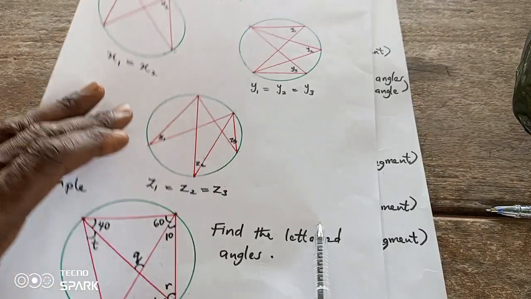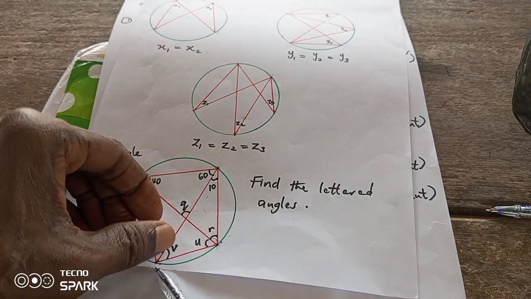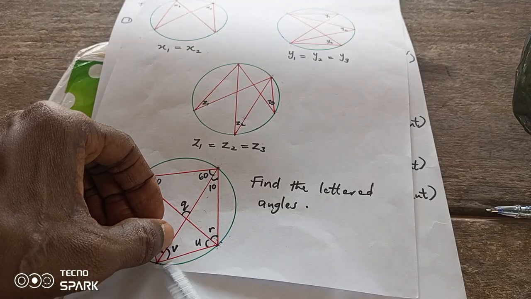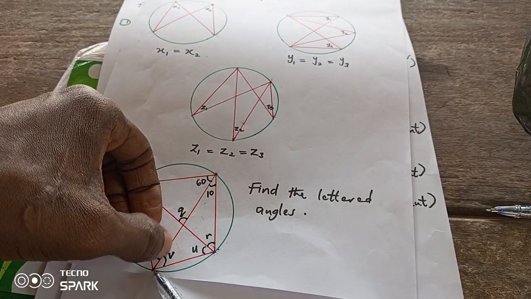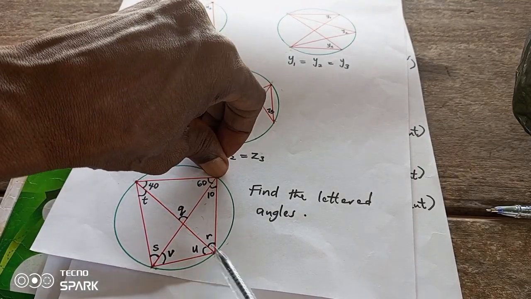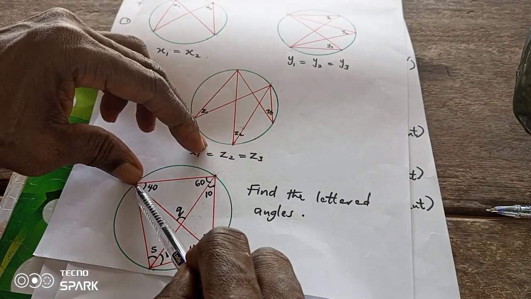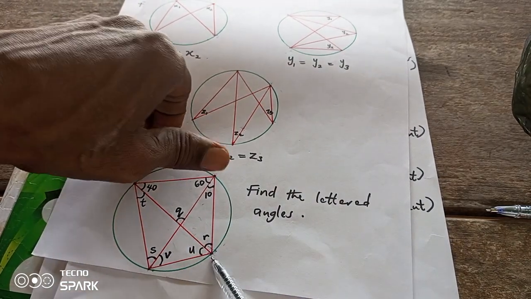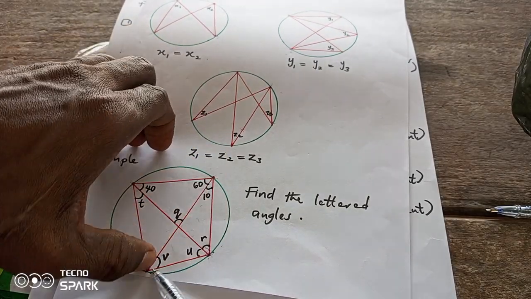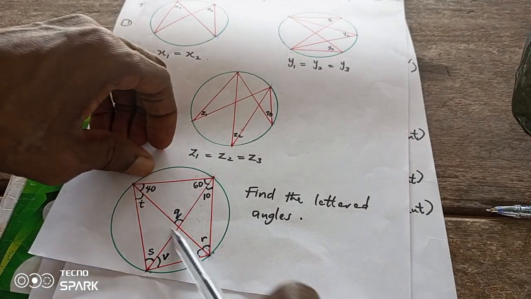Now let's look at angle V. If this is angle V, these two lines, this line and this line, are the ones bounding angle V. This one stops here, this one stops here. From this point again, we have another line that forms this way, which is 40. So this angle 40 and this angle V should be of the same value because they are angles of the same segment.